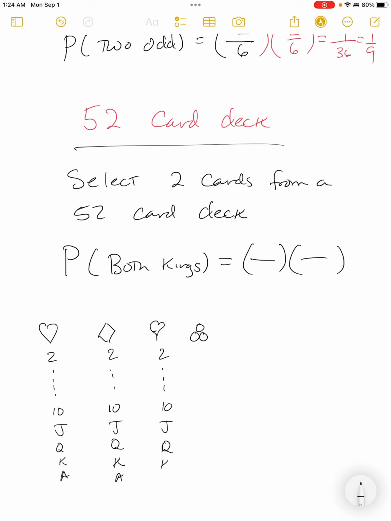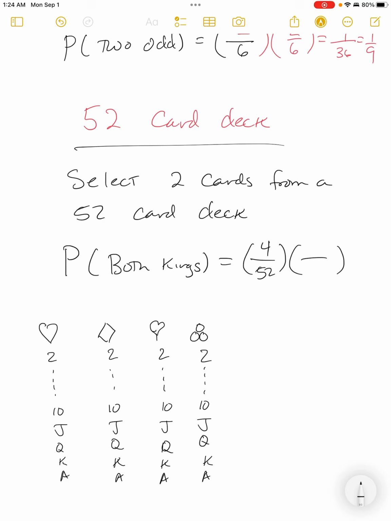And we're just going to make it as visual as possible. We have all those cards. So we want the probability that they're both kings. So when we first go into that deck, we have 52 cards that we could choose. And so we know our bottom number is 52 by our work back in the earlier part of chapter 7. There's 52 cards. How many of those cards are kings? 4 of them are kings.